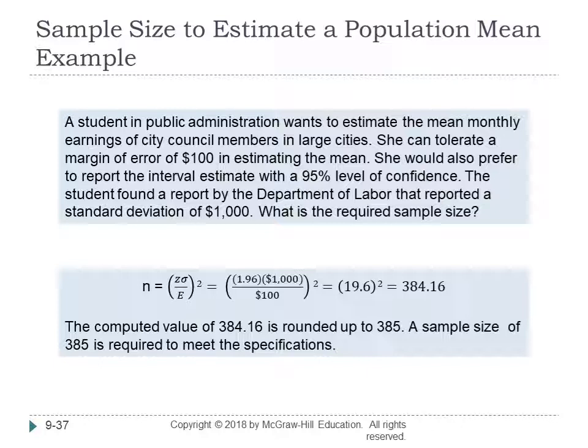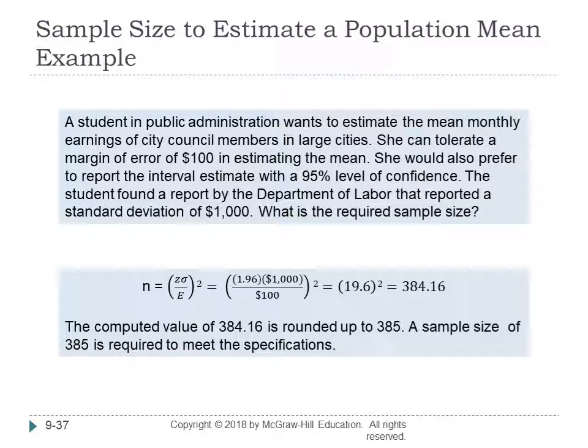She can tolerate a margin of error of $100, plus or minus $100. This is your margin of error. She would also prefer to report the interval estimate with a 95% level of confidence.